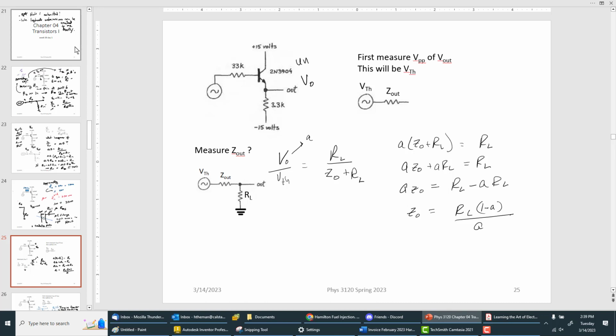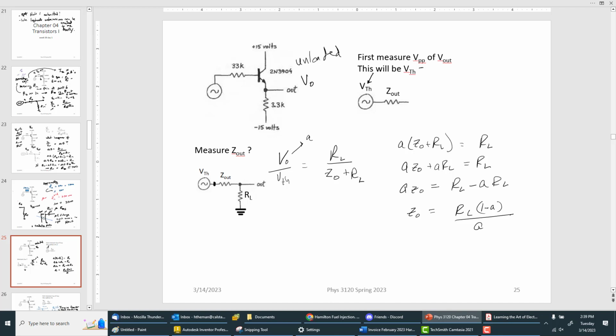The unloaded V out, which is going to be a peak to peak, that's easiest, right? This is going to become our V Thevenin. Now, I don't know if you guys tried it by measuring the voltage here or not.